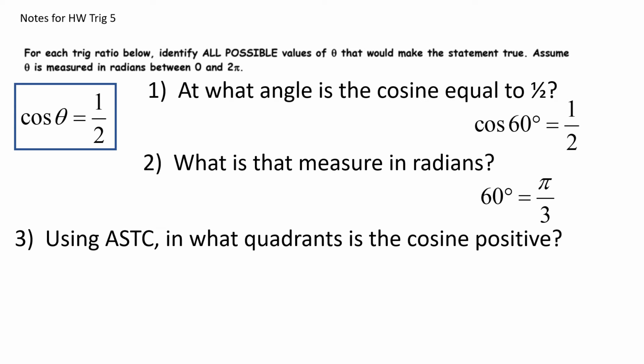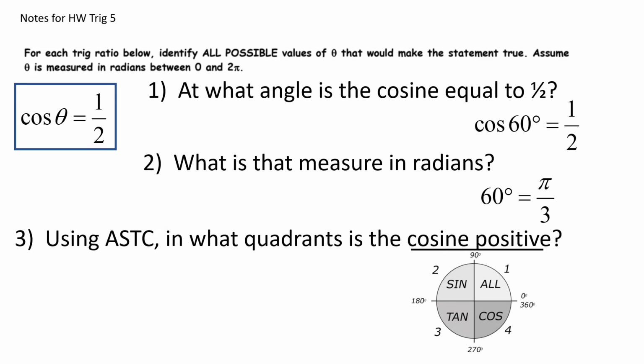Well, there are two places in the unit circle where the cosine would be positive. There's 4 places where the cosine would equal a half in magnitude, but only 2 places where it's going to be positive a half. If I think about all students take calculus, in quadrant 1 all of them are positive.